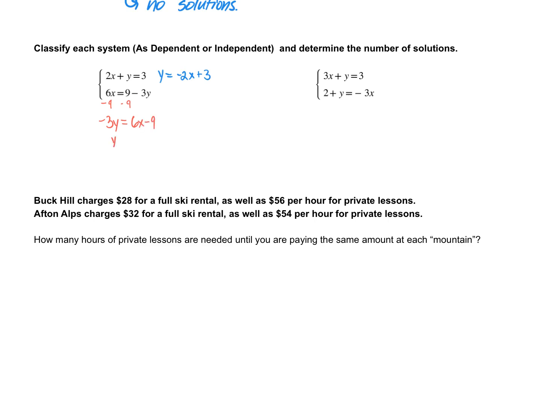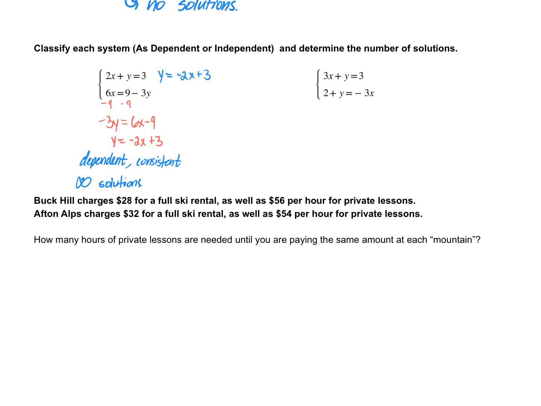Divide by negative 3, we get y equals negative 2x plus 3. So negative 2x plus 3 and negative 2x plus 3, same equation. All right, so that's going to be dependent and consistent, infinite solutions, because that is the same exact line. So one of them is just on top of the other.